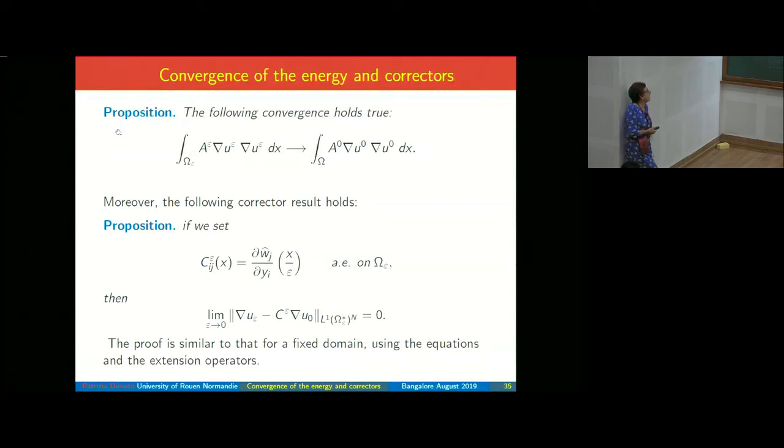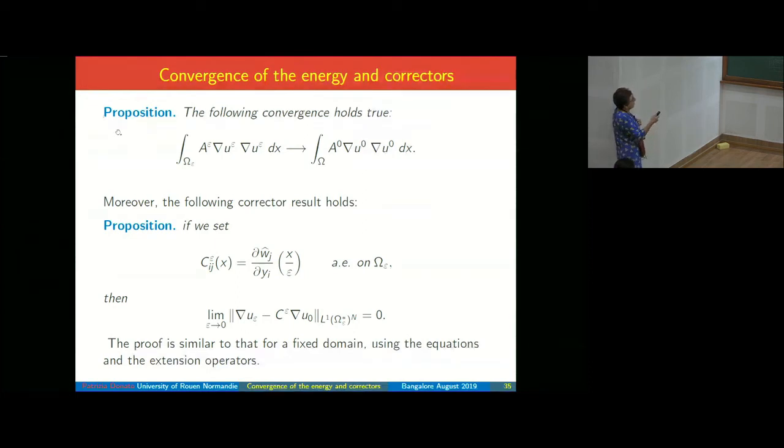Moreover, if we define the corrector matrix as before, except that here we put the gradient of the function defined in the perforated domain, then again we have the convergence of gradient u epsilon minus C epsilon gradient u0 in L1 going to 0. Pay attention that this integral is not in L1 of omega, but only in L1 of the perforated domain.